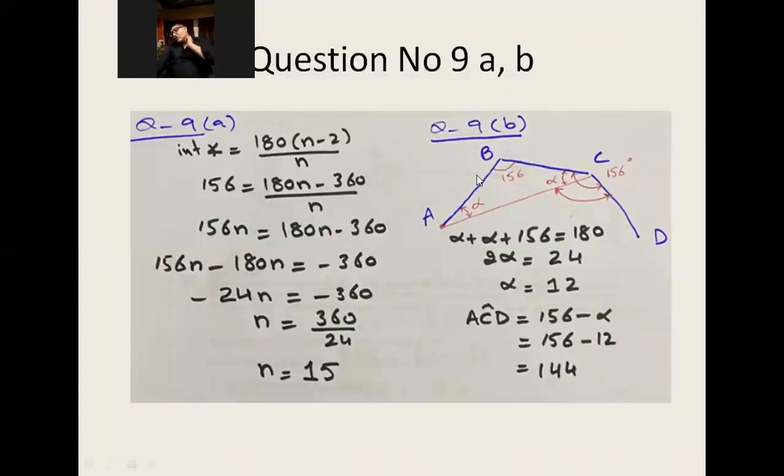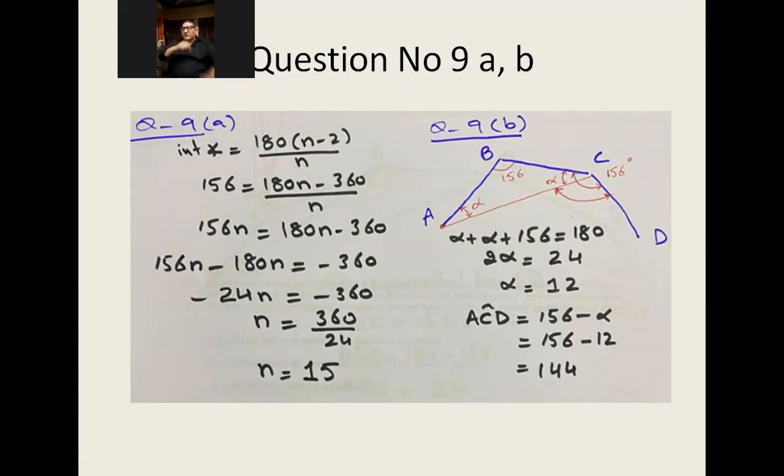Okay, so this angle is 156. I know this whole angle will be the internal angle, that will be also 156. Join A with C. Because AB side and CB side are both equal, this is an isosceles triangle. If this angle is alpha, this angle will also be alpha. So this is 156, these two sides are equal, so we will have 2 alpha plus 156 equals 180. So 2 alpha is equal to 24, 180 minus 156.